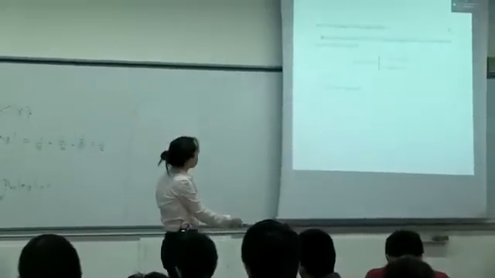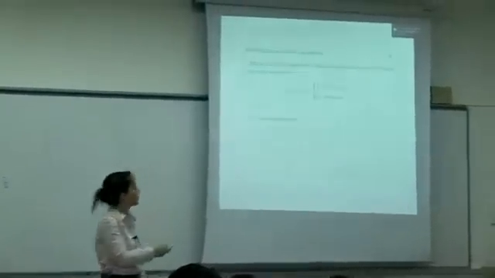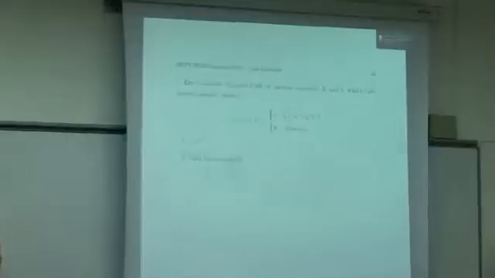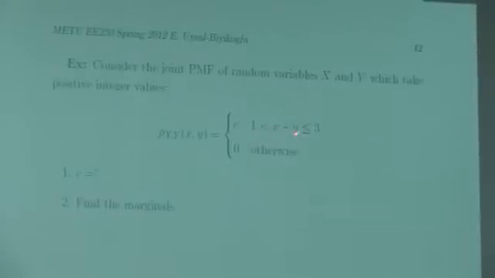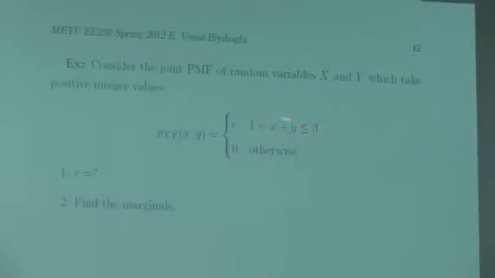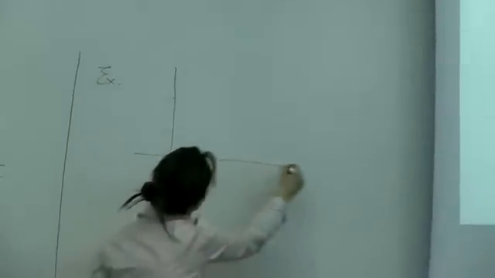So what's next? Let's do this example. Consider the joint PMF of x and y, which take positive integer values in this range. X plus y is between 1 and 3. 1 is not included, 3 is included. So what kind of region is that? It looks like a triangle, yes.